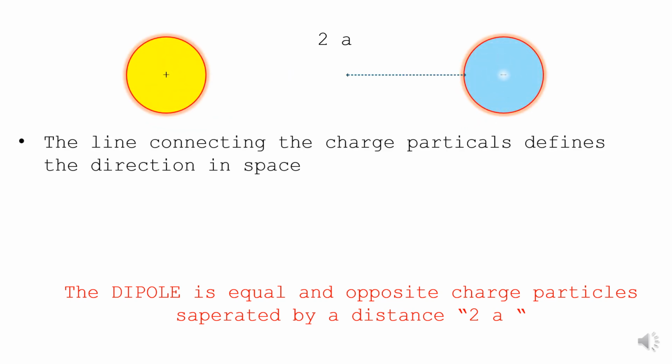And the line connecting the charged particles, you can see here, defines the direction in space. You can see the direction of the line, it is coming from negative and going to positive.